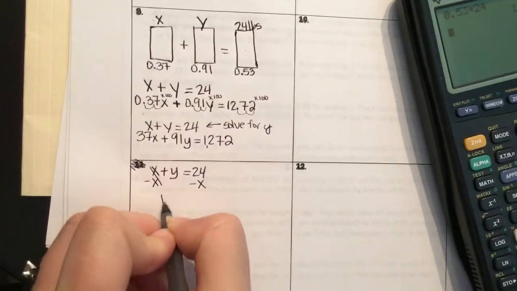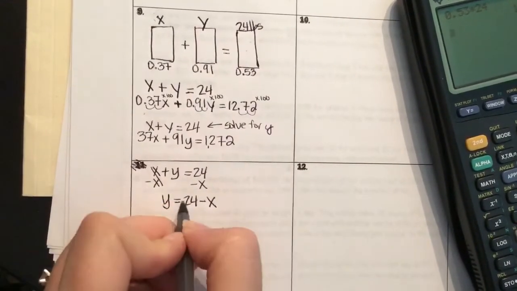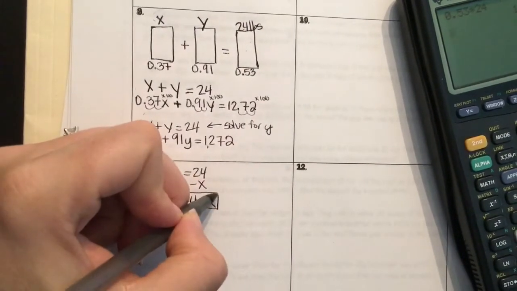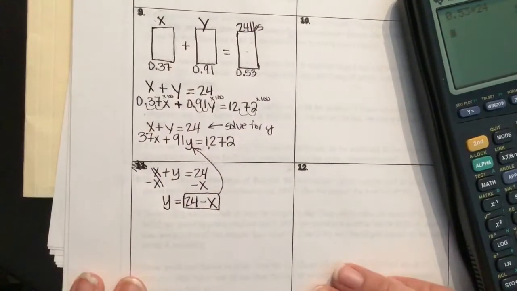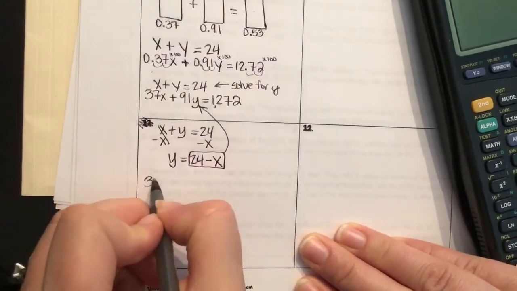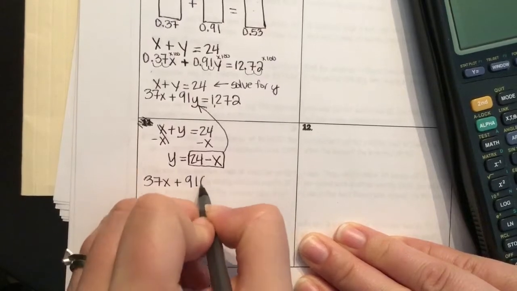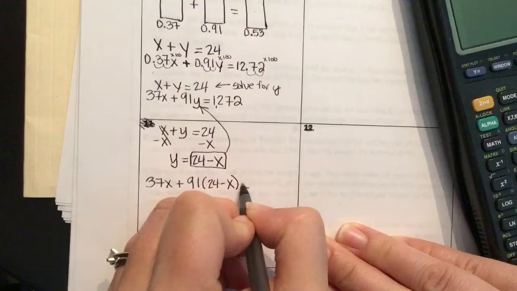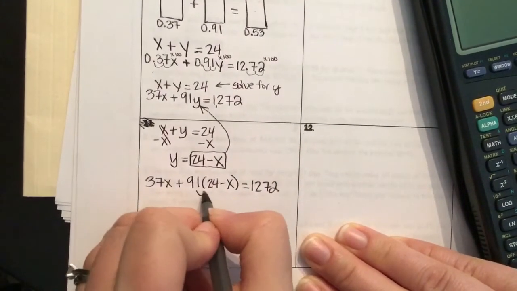And so I've got y equals 24 minus x. Okay, so that's what y is. I'm going to go ahead and plug this in for the y in the second equation. So now my work looks like 37x plus 91 times 24 minus x equals 1272. You're going to go ahead and distribute this.